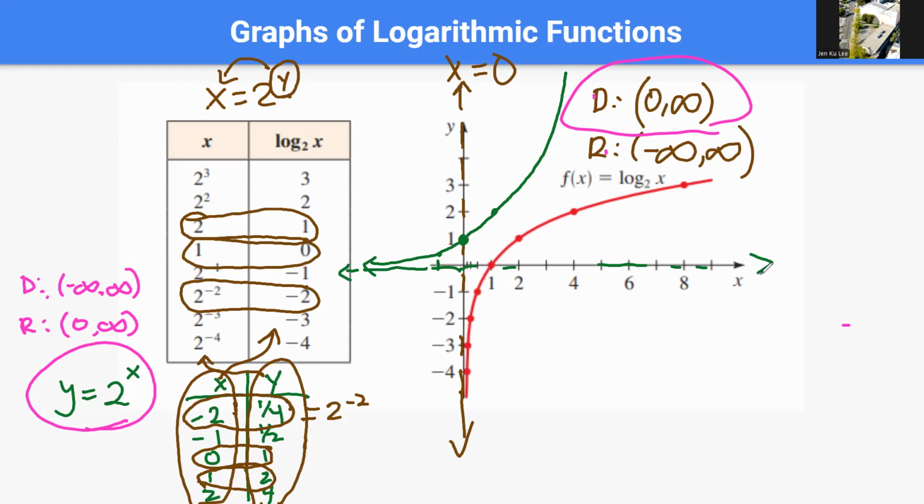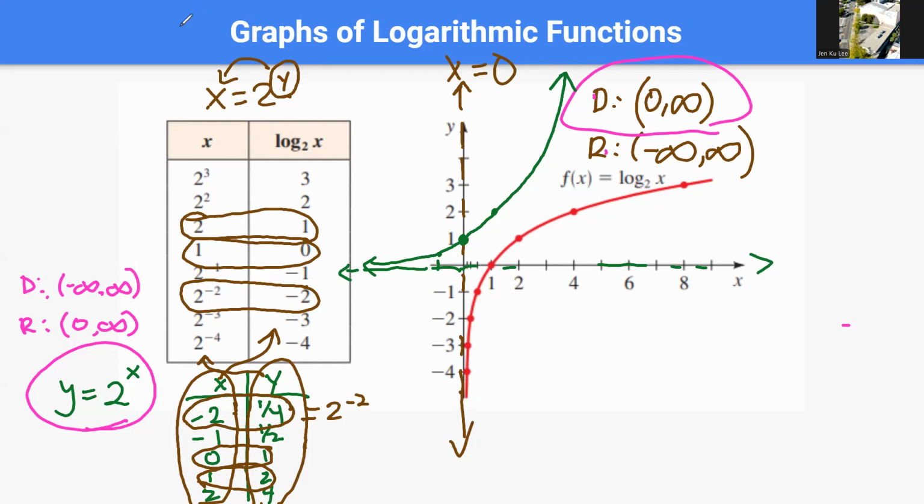So the red line is going to be the first function, and then the green is going to be the inverse of it. With the inverse, the domain is 0 to infinity. So we started with domain and range on the right, and when you do your inverse, you're just switching them.